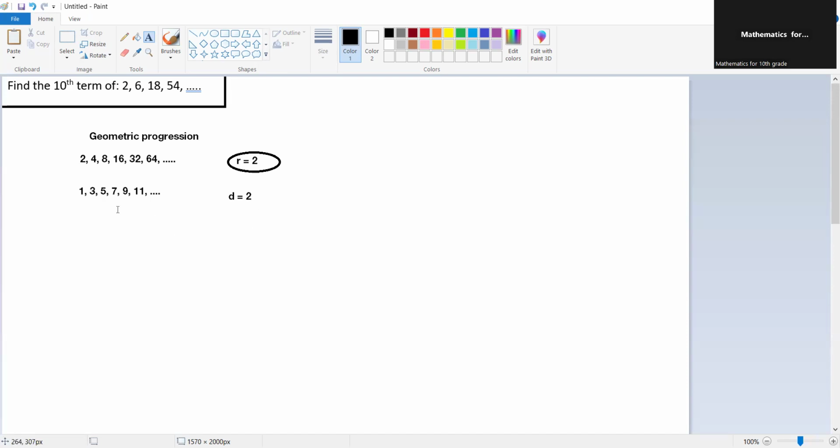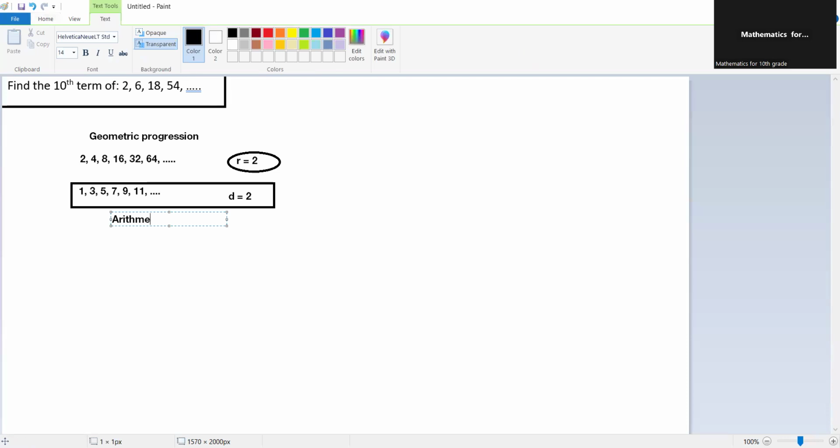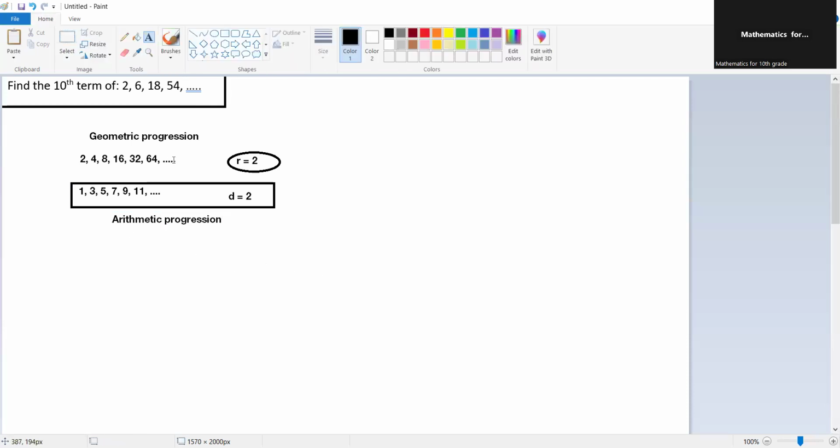Again you add 2, you get 5. You add 2 again, you get 7. So this is an arithmetic progression, which I'll write. So this one is an arithmetic progression, and the first one is a geometric progression.